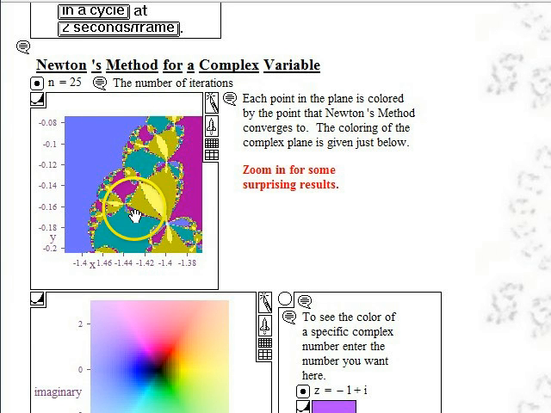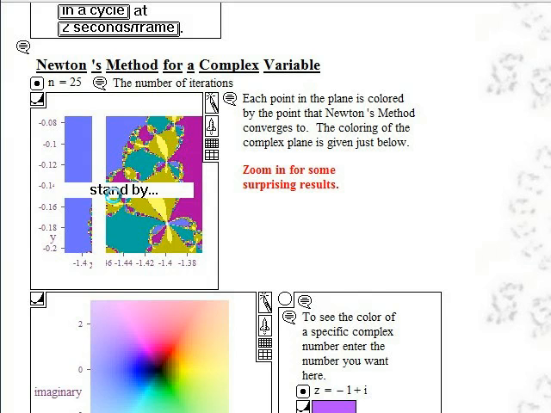Almost looks like an elephant trunk here, but the elephant trunk is made up of a whole bunch of little elephant trunks. Let me zoom in on one of these little elephant trunks here. It's just fascinating to me to see all these different patterns that come out of this simple Newton's method algorithm.